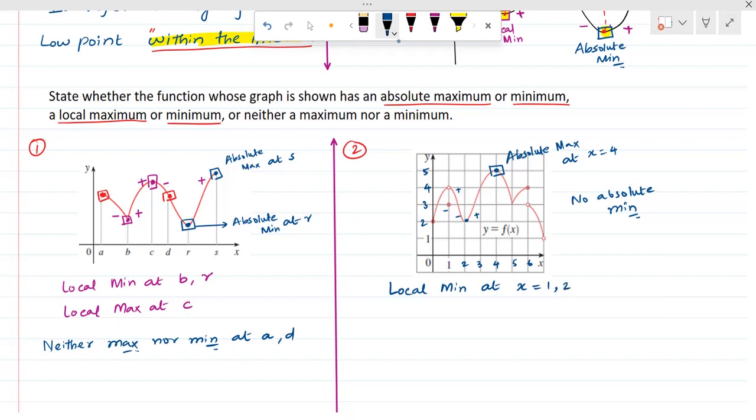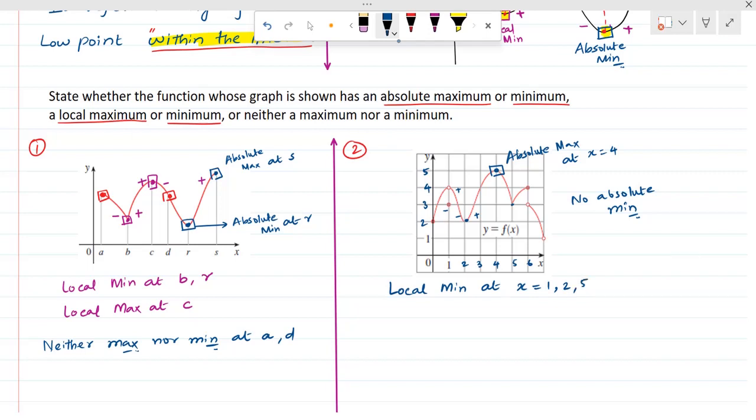And here we have one more. What is the one more? This is x equals 5.